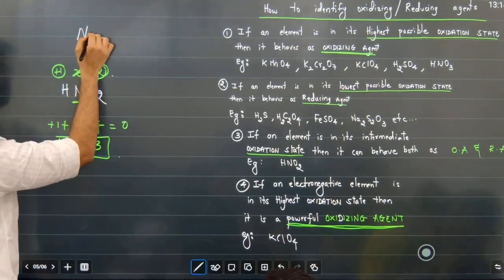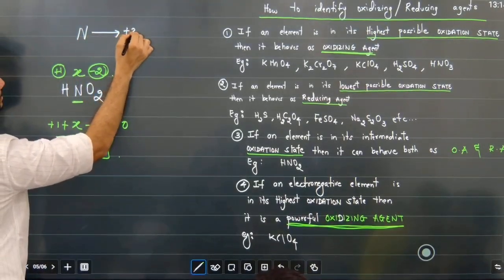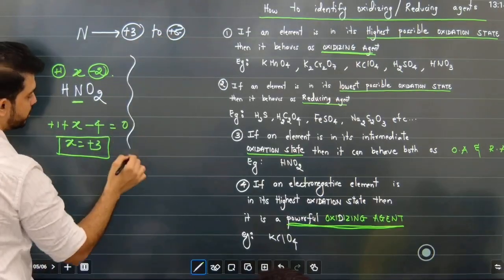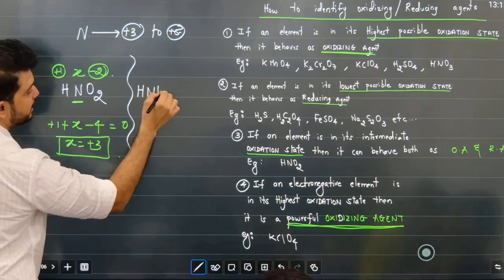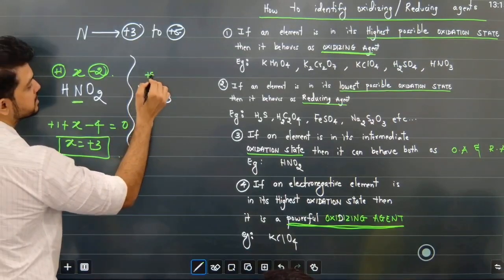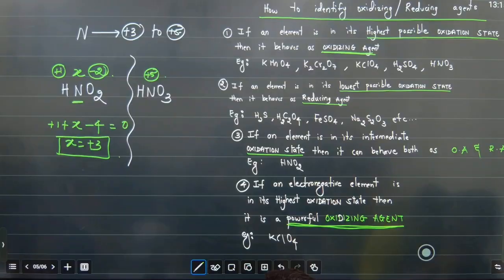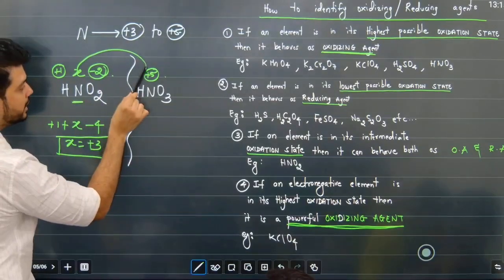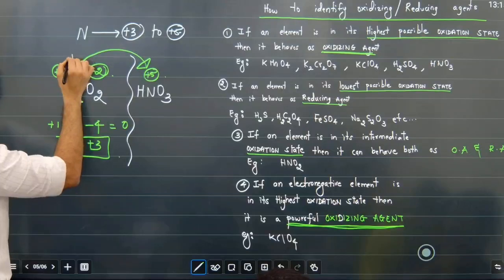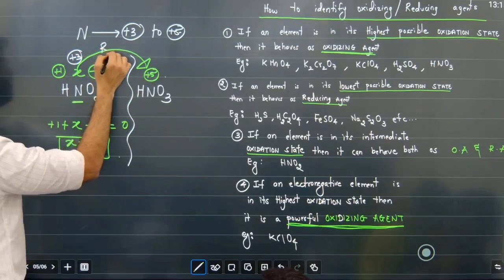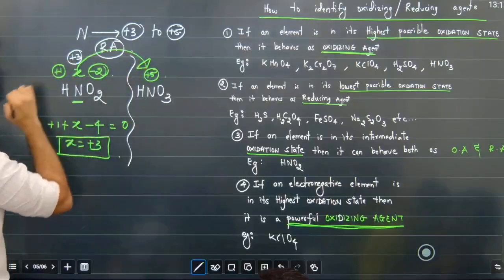Nitrogen can go from +3 to +5. How do I know that? Because in nitric acid, HNO3, nitrogen has a charge of +5. So HNO2 can donate electrons, go from +3 to +5, which means it can behave like a reducing agent.